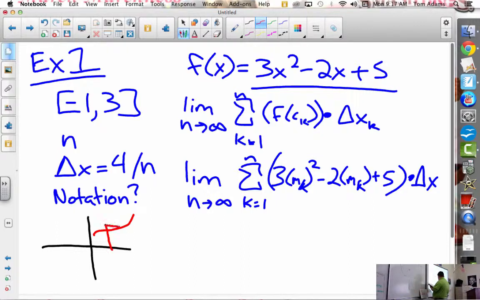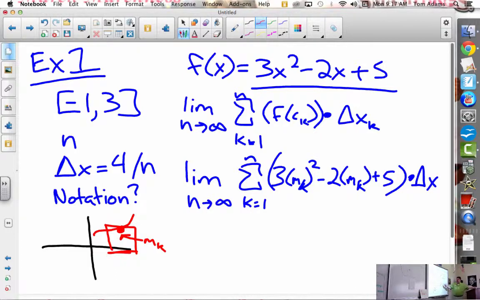And what we're looking for is if I draw a rectangle, I'm looking for this m, the midpoint of the partition. So delta x is still delta x, and how we find the delta x and the base doesn't change. The only thing that changes is the height. Where do I calculate the height of the rectangle?